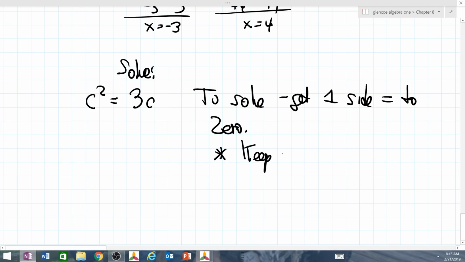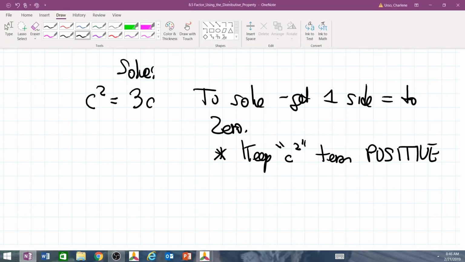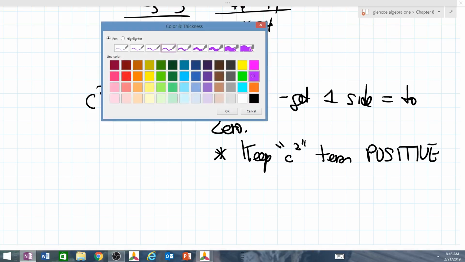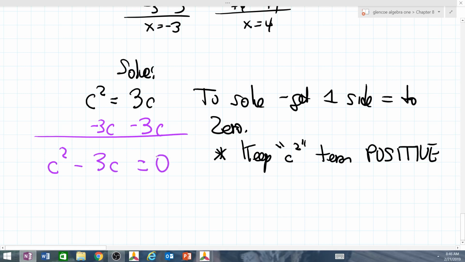You want to keep, in this case, the C squared term positive. So what should I do to both sides of this equation so that I can have one side equal to 0? Subtract 3C from each side, and now I have C squared minus 3C equals 0.